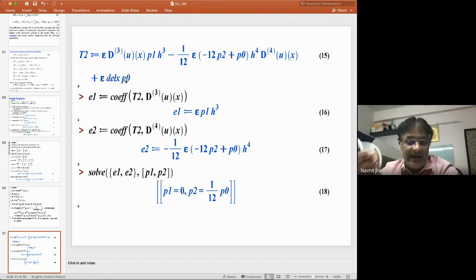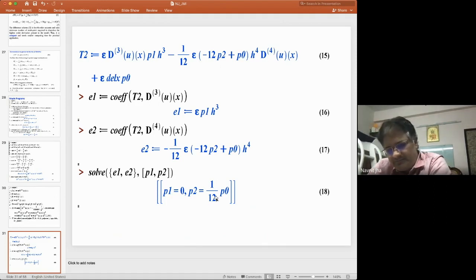Keep it. Try to equate to 0 the coefficients of all the other terms. So here p1 is 0, since the coefficient of the third derivative is 0, and the coefficient of d4, that is h4, is coming out to be minus 12 p2 plus p naught. So I have got the values of p1 and p2. p1 is 0, no problem, but the value of p2 is coming out in terms of p naught.